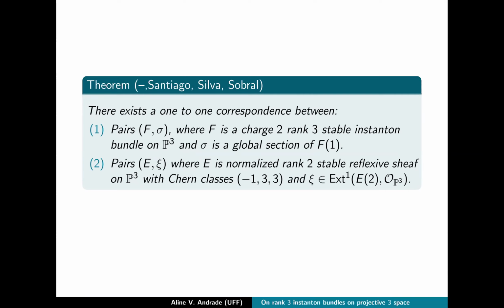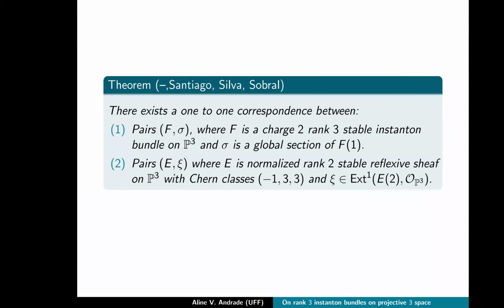Okay. This correspondence is with pairs E and a section, where E is a normalized rank 2 stable reflexive sheaf on P3 with these given Chern classes, and the key is this extension that we obtain in this previous theorem over here.